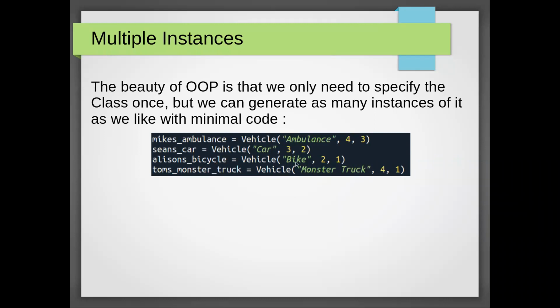Alison's bicycle has 2 wheels and a capacity of 1, and Tom's monster truck has a common name of monster truck, 4 wheels and a capacity of 1. And so I've created all those 4 different objects that I can then treat and work with separately. Each time I only need this single line of code to set up one of these objects, because I've already set up the blueprint for what these things should look like.